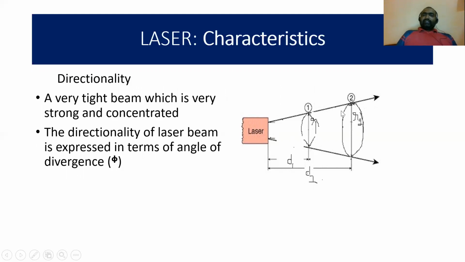R2 is the radius of the second beam, R1 is the radius of the first beam, where D1 is the distance between the first beam spot and the laser source, and D2 is the distance between the laser source and the second beam.